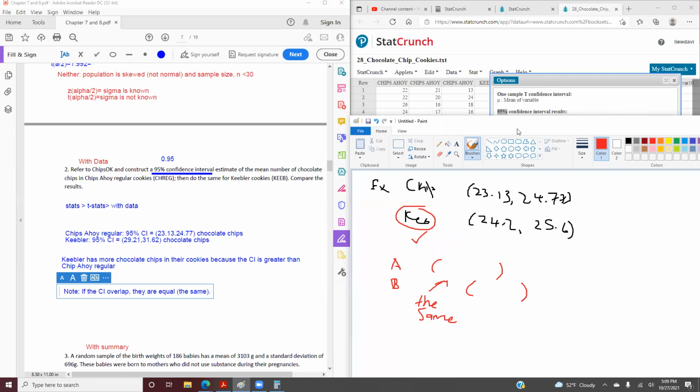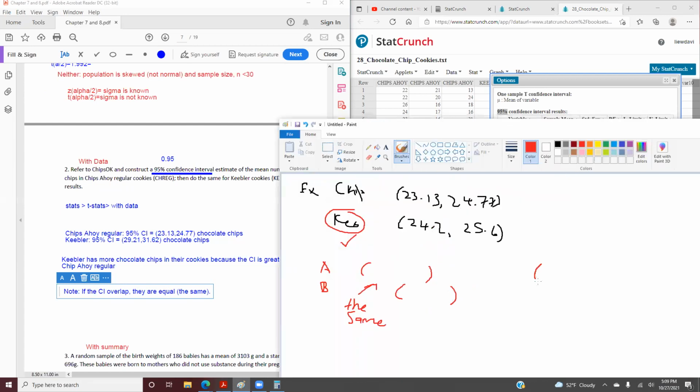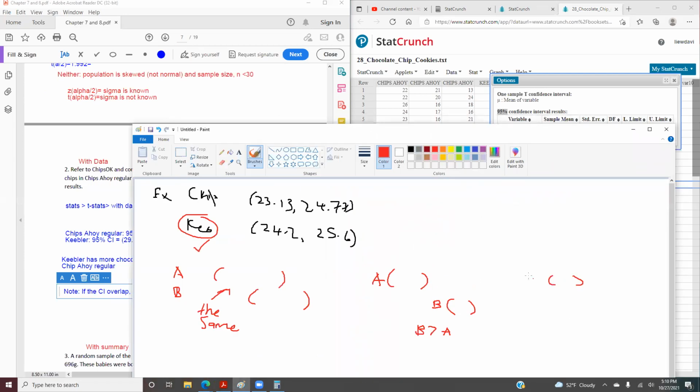But if you find out that your company A is this and company B is this, then we can say B is better than A. And the same thing happens if your A is this and your B is not overlapping, then in this case, A is better than B. So I can change this to A is less than B because it's the same thing. So this one is A equals B.